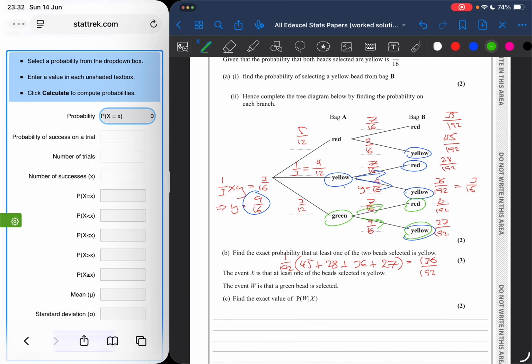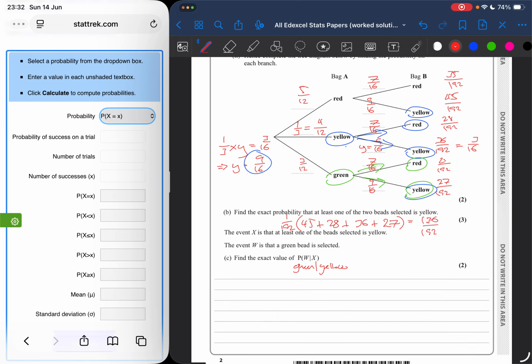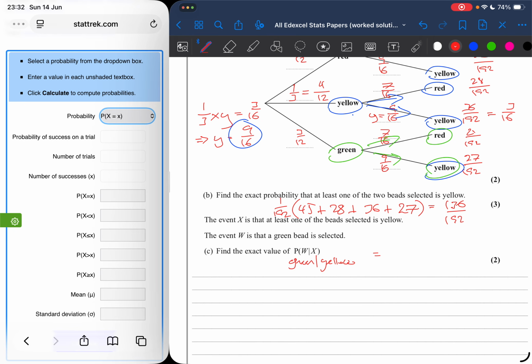If we again lead into the successes of greens, we want to find the probability that we get a green. I'm going to write underneath, that's green given X, which is yellow. So when we have conditional probability, we have that formula. What are we going to get?